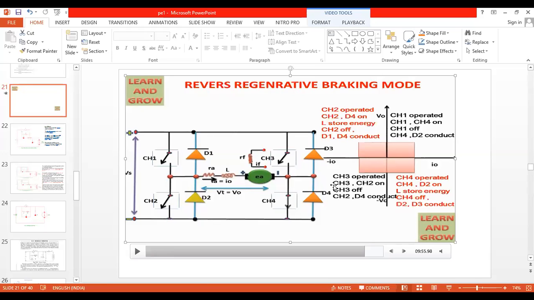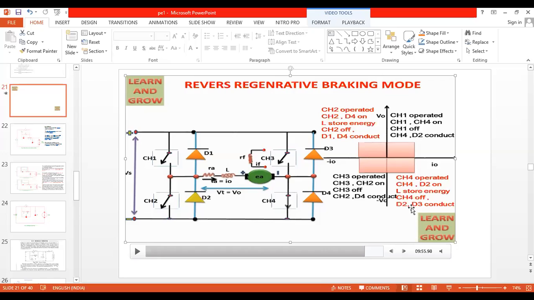Then the machine is operated under the 3rd quadrant, where current is negative and voltage is negative, exactly opposite to the 1st quadrant. That means if the electric train is moving in forward direction, it is operating under quadrant 1. If it is moving in reverse direction, it is operating in the 3rd quadrant. If the electric train is about to stop, the machine can be operated as generator, and power is transferred from load to the source.